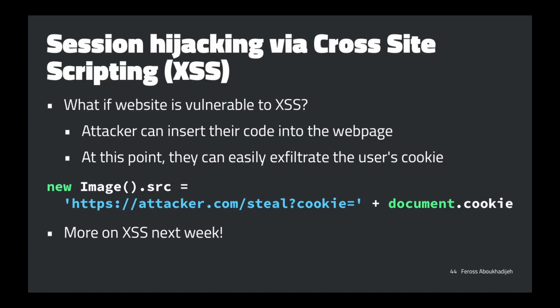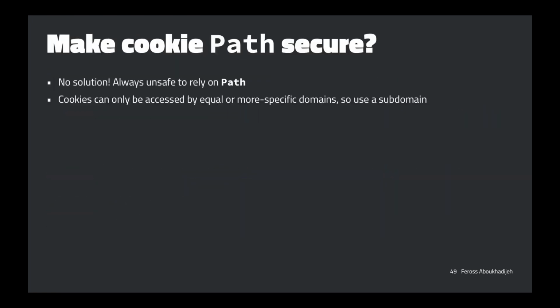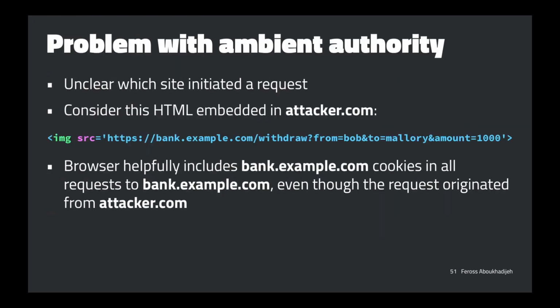So this is just a method to exfiltrate data. It's a way to send a GET request to the attacker's server with some information that the attacker wants. When this request goes through, the attacker will see that a request came in at this URL, and they can save that information. It's a little different because in this case we're on a different website, the attacker's site, so it's the reverse.